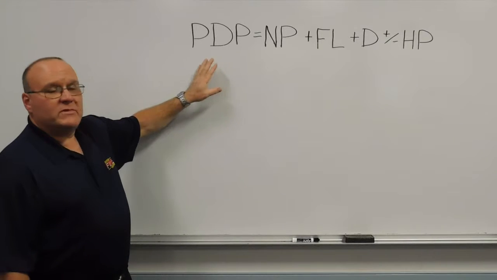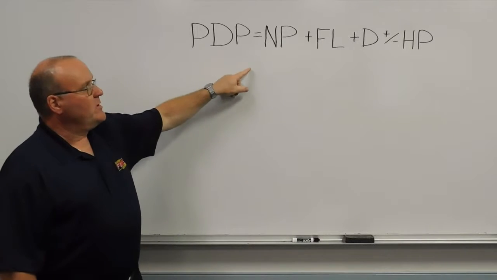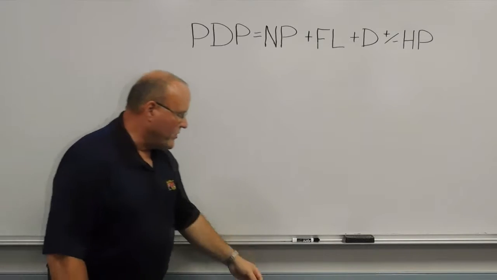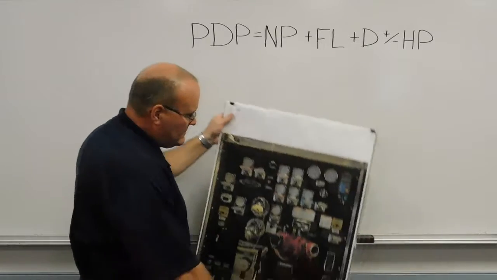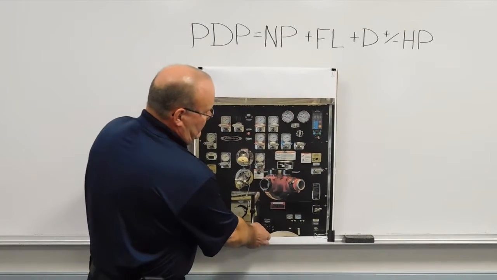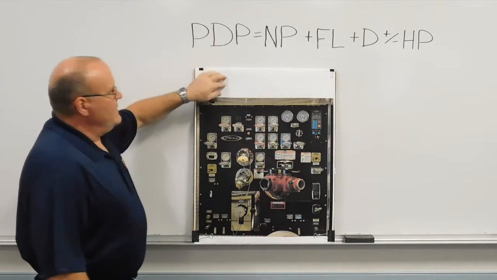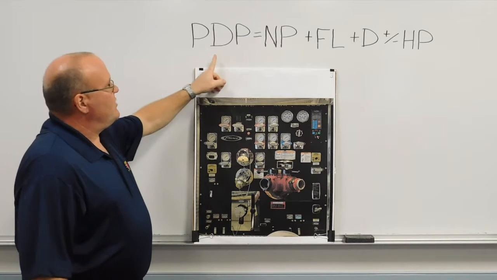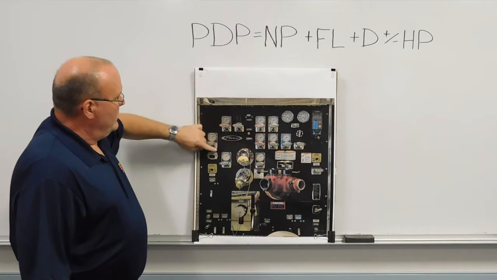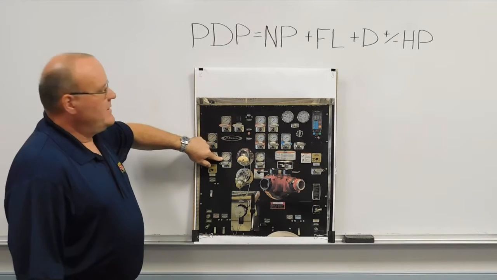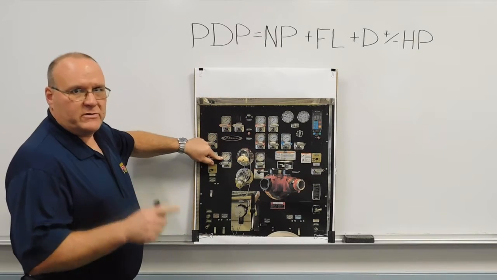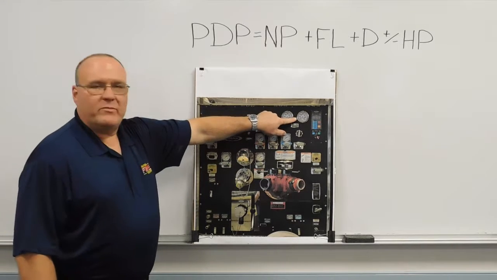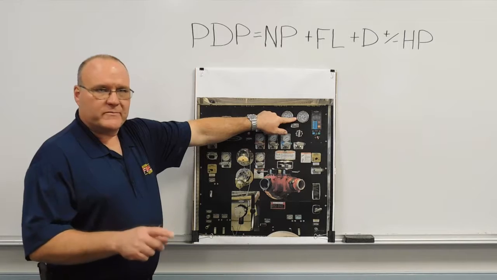In referring to pump discharge pressure with this formula, we're referring to one discharge, one single outlet. So in practical fireground terms, here we've got our pump panel. As the driver operator, I account for all of these four elements, and that's going to get me the proper pump discharge pressure for any one individual discharge. If I'm only flowing one discharge, then that individual line gauge and the master pump discharge gauge would be the same pressure.